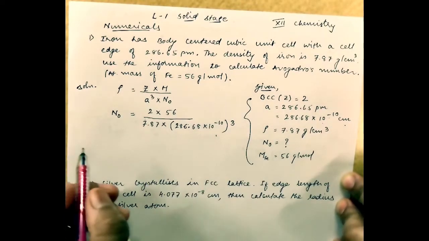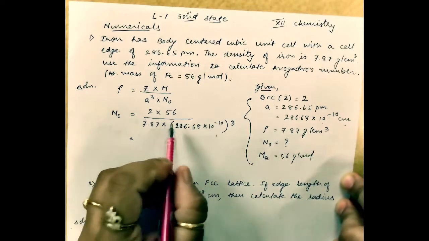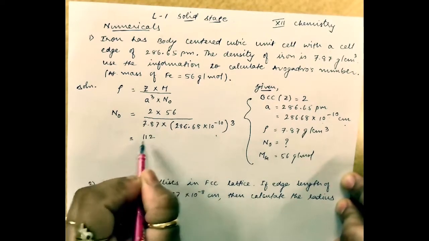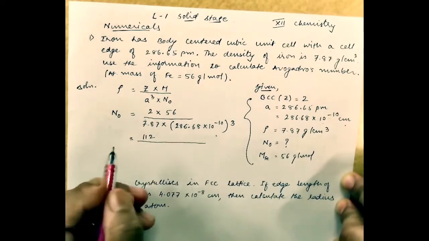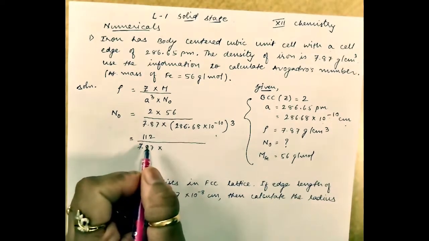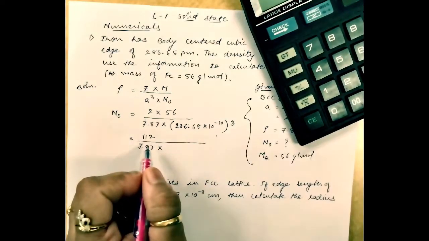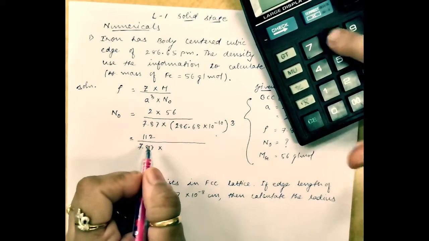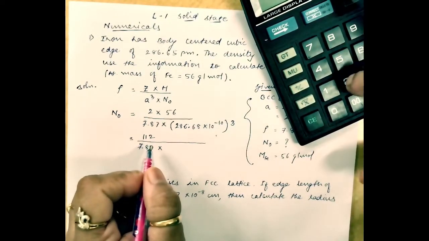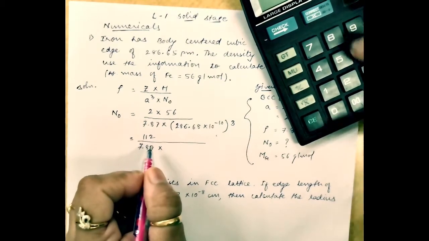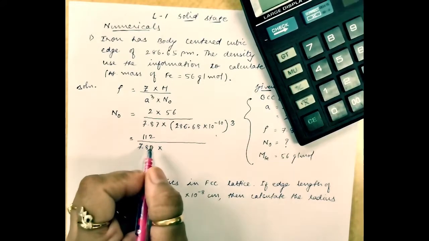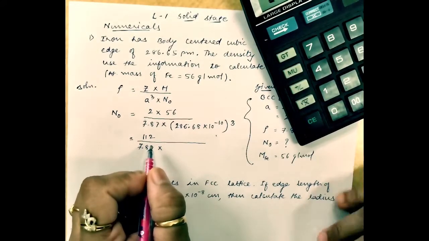If you calculate this, 56 twos comes out to be 112, and then we divide it by 7.87 into, let us use the calculator, 286.68 taken thrice.